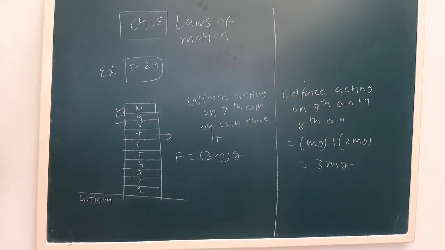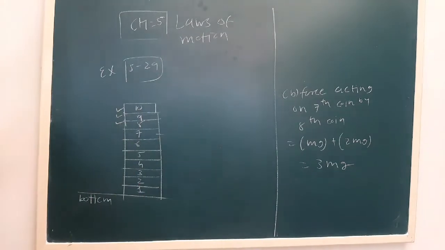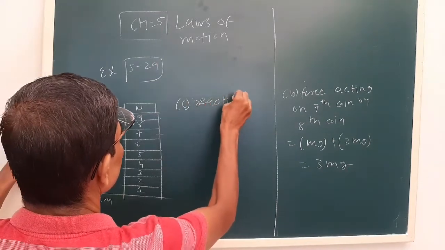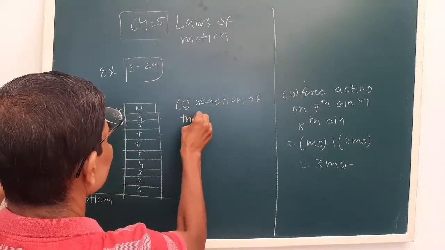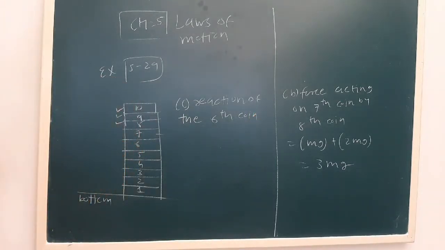Now see the third part of the question. The third part is like this: the reaction of the 6th coin on the 7th coin.